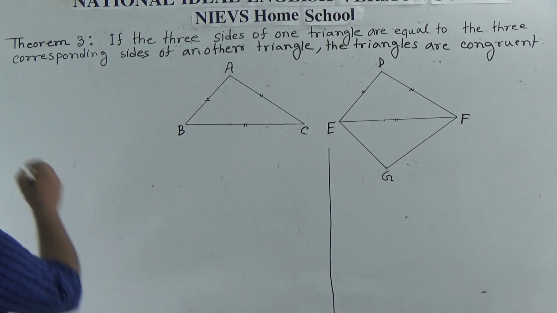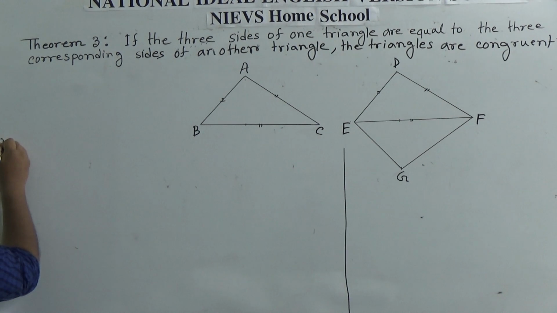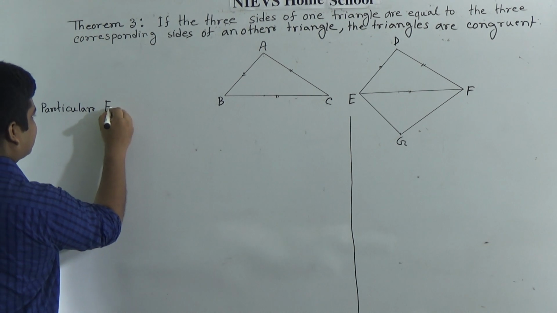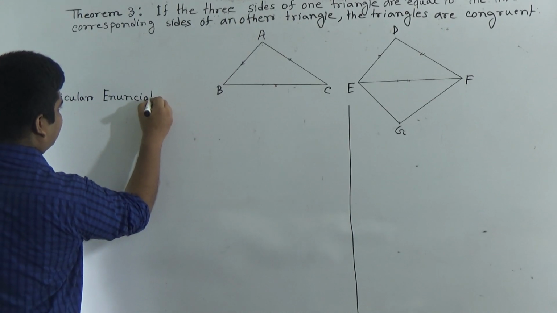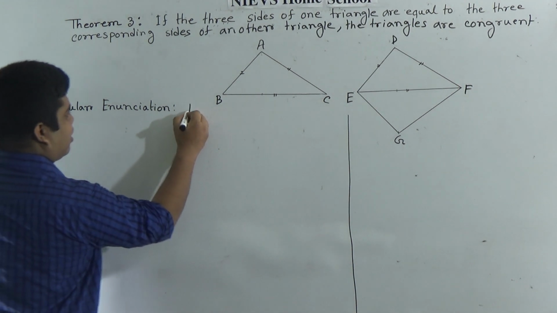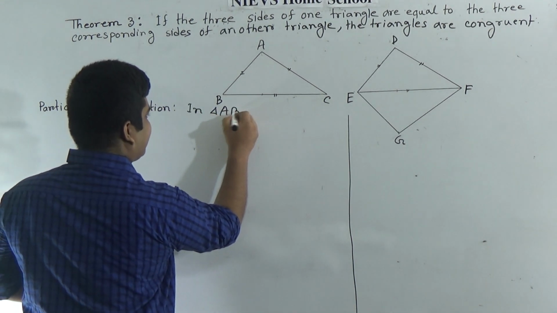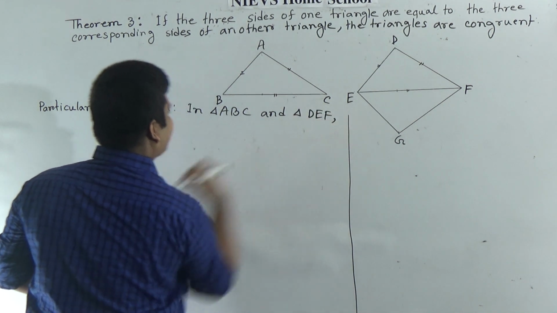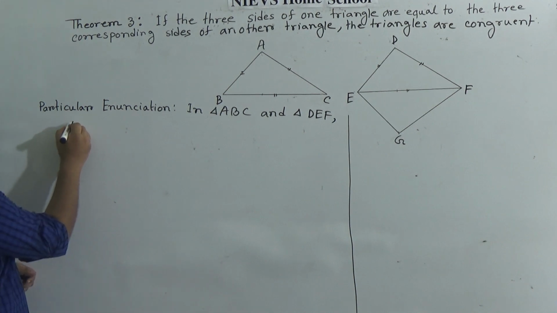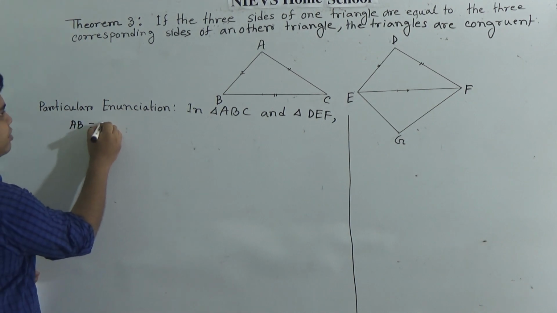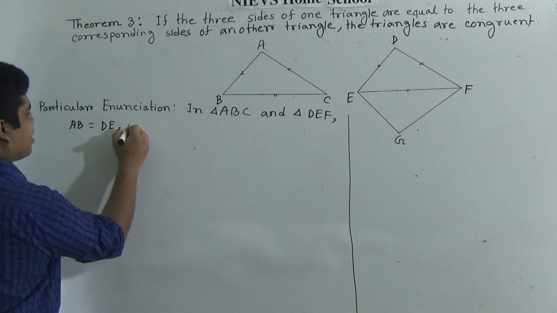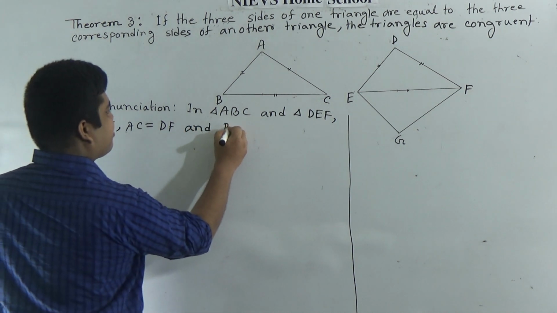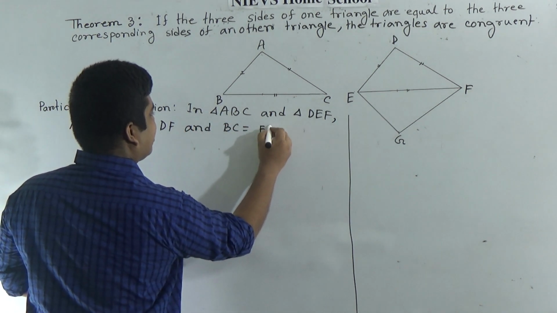Now we write: in triangle ABC and triangle DEF, AB equal to DE, AC equal to DF and BC equal to EF.